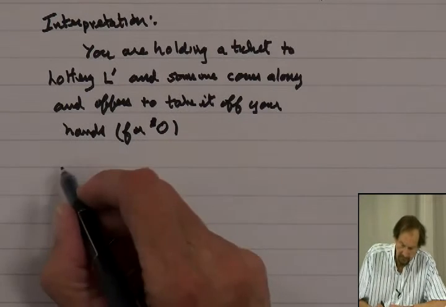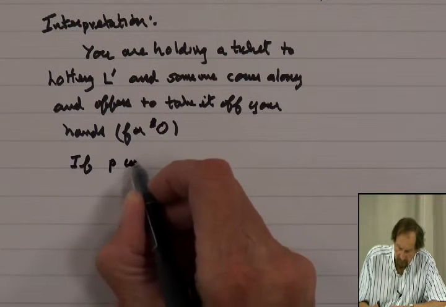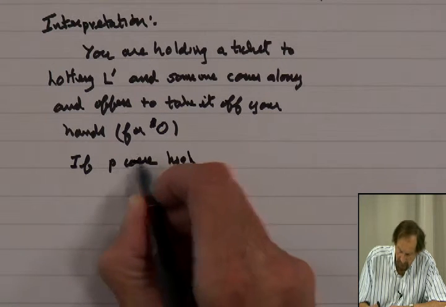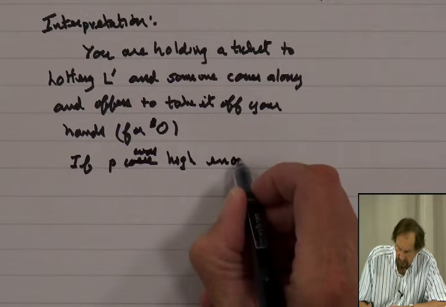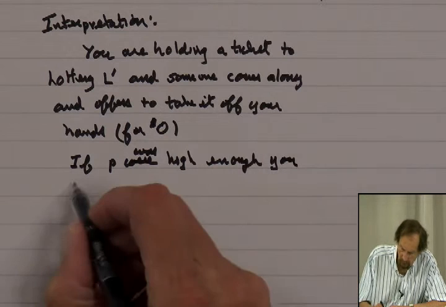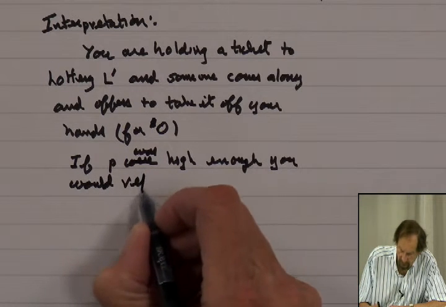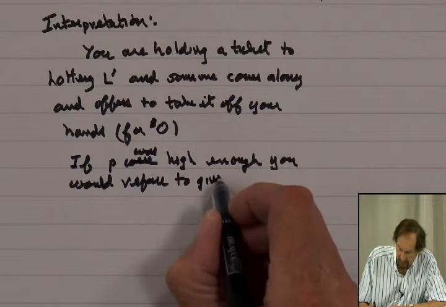Okay, if P were high enough, you would refuse to give the ticket up.